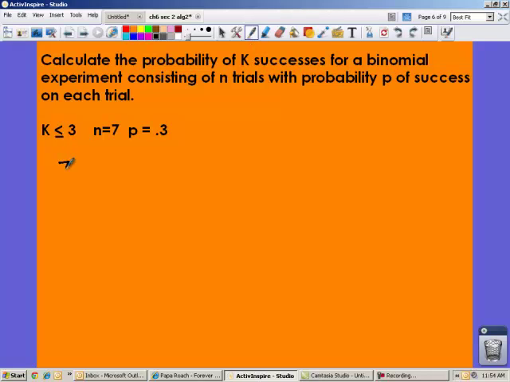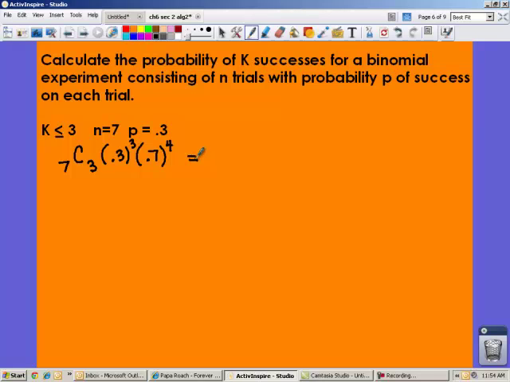So we start at 3, we're going to take 3 from a total of 7. Now the probability is 0.3, and remember we want it to be raised to 3. The failure would be 1 minus 0.3, and that is 0.7, and that's going to be raised to 4, because 7 minus 3 is 4.